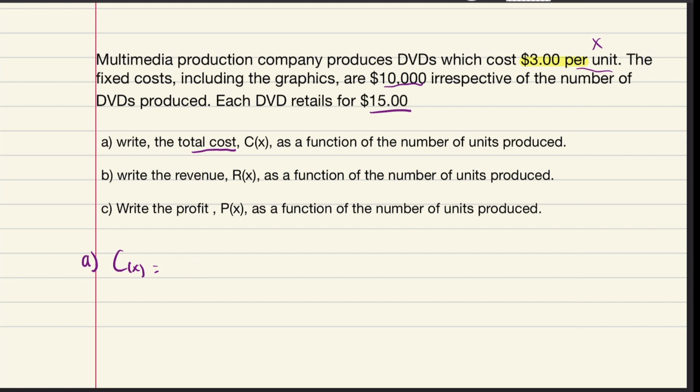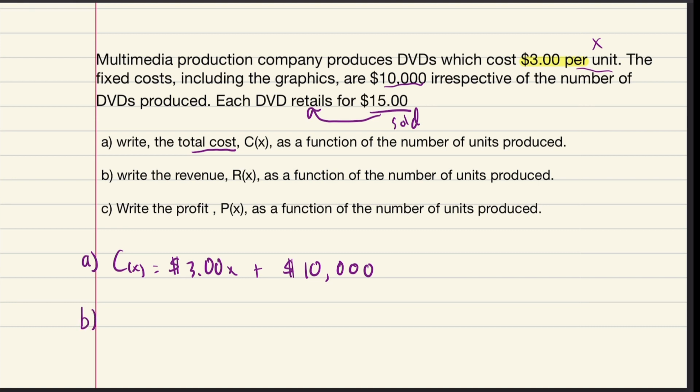I'm going to write it with all the appropriate units. So we're going to go $3, so 3x, and then plus $10,000, which appears to be a constant. Now in terms of cost, that is pretty much it, because this $15 pertains to retail. Okay, so that's how much it's sold for, not how much it costs the company.